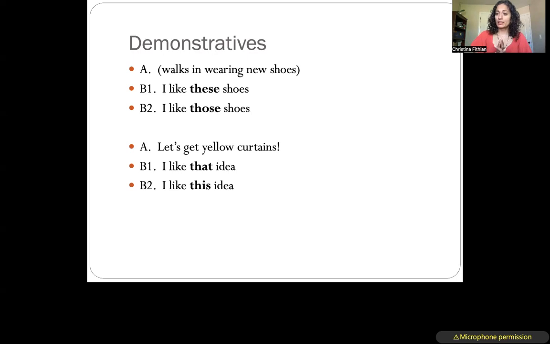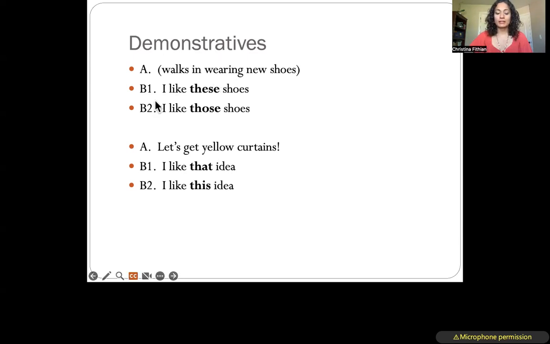Person B is not wearing the shoes, so the shoes are outside of person B's area of control. They're in person A's area of control. And so by saying, I like those shoes, person B is indicating that those are not in their area of control. And this is actually a very common error that English as a second language students make.